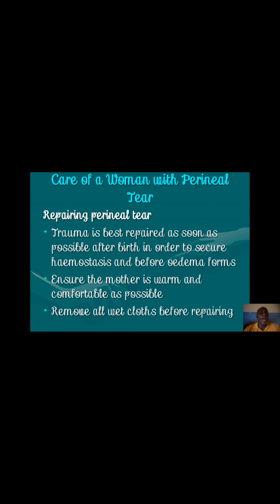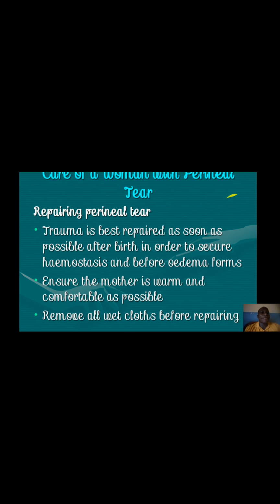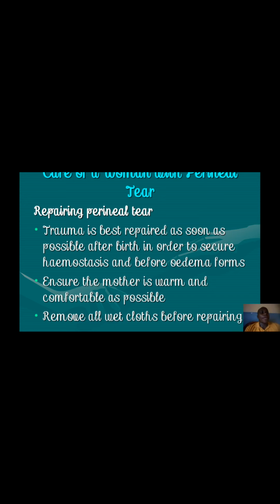Kuna malpractice zinafanyika, unakuta mtu anataka kumaliza vitu kwa pamoja, so hivi vinaweza pia vikampelekea mama apate infections, puerperal infection, postpartum infection. So remove all clothes, vitu vyote ambavyo vilitumika during the second stage of labor, then unamtengenezea mama mazingira na set tunaziandaa vizuri.